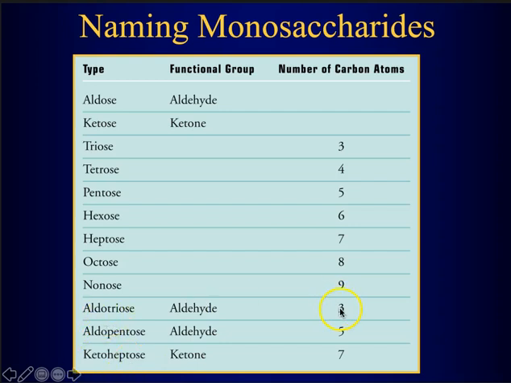So if there are 3 carbons with an aldehyde, it's just an aldotriose. 5 carbons with an aldehyde, it's an aldopentose. 7 carbons with a ketone, ketoheptose. So we're not necessarily naming a particular molecule, we are just classifying it as how many carbons and what kind of functional groups are on that molecule.